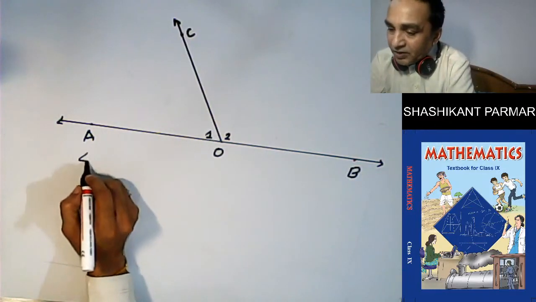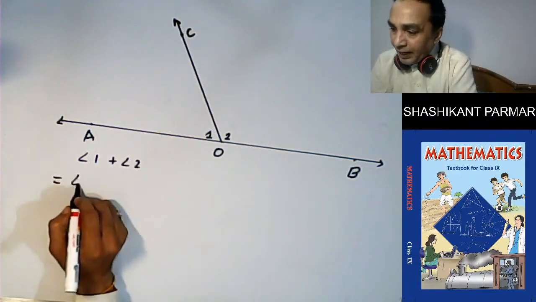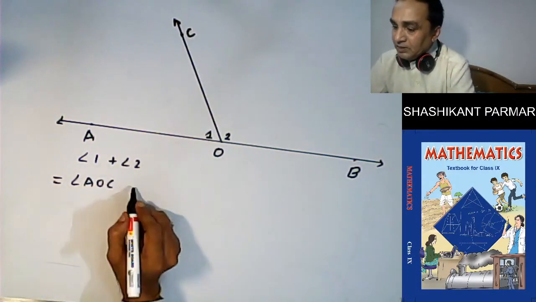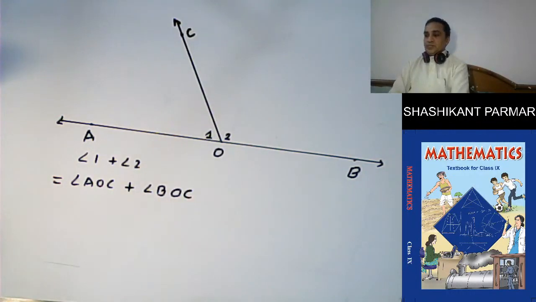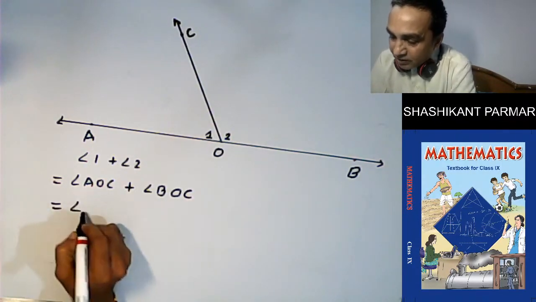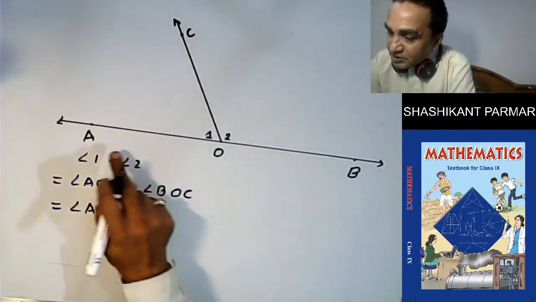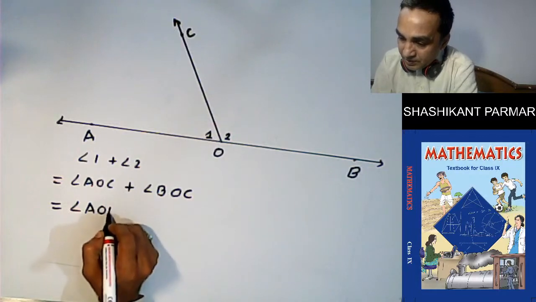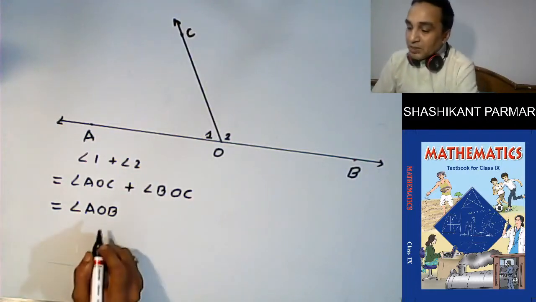Okay, angle 1 plus angle 2 is equal to angle AOC plus angle BOC, which is equal to AOC plus BOC, that means AOB, by the definition of adjacent angles you have already studied. But what is AOB?